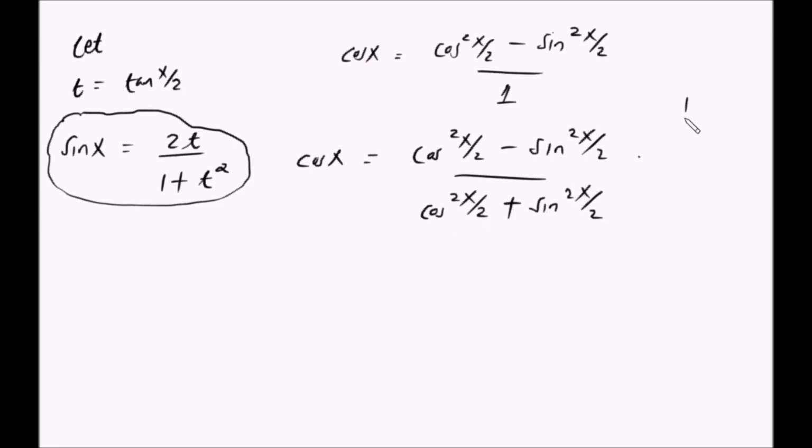So as usual, I'm going to multiply the top by 1 over cos squared of x over 2 and the bottom by 1 over cos squared of x over 2.